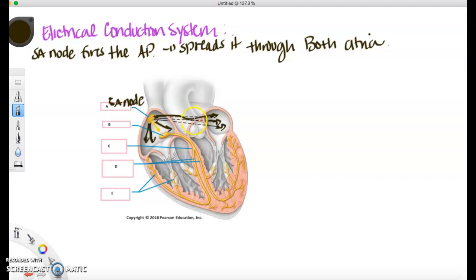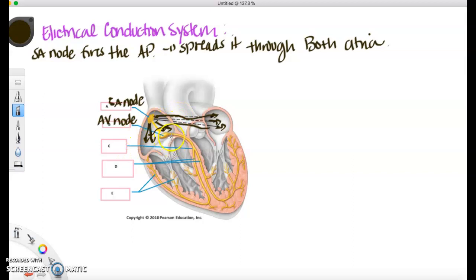Because the atria contract first, okay? So it spreads through the atria and then it funnels back to this guy, and that is called the AV node, or atrioventricular node.